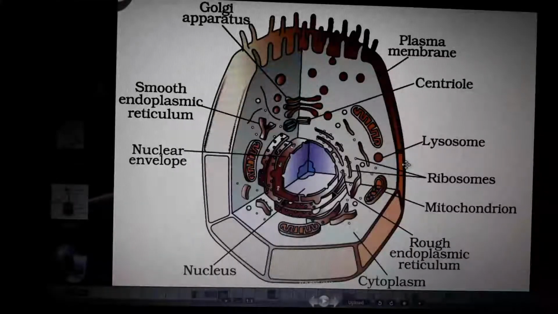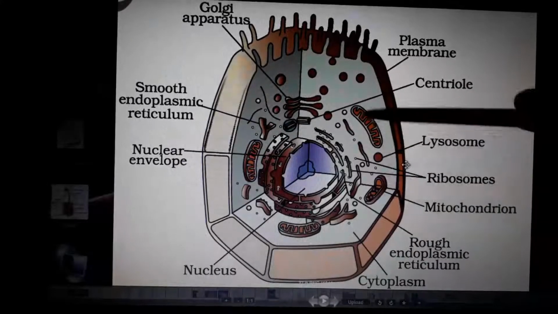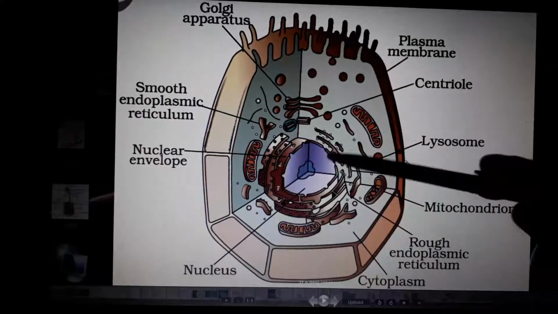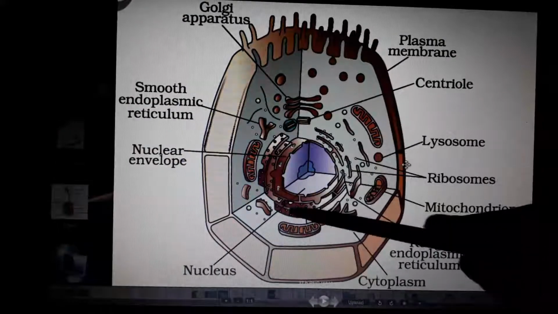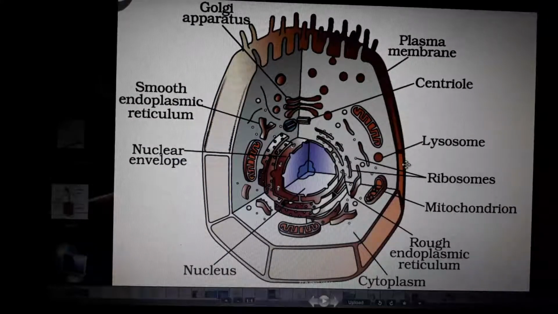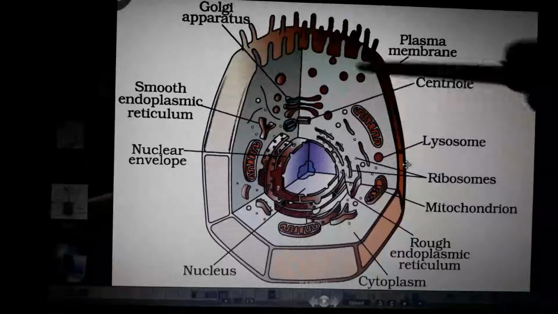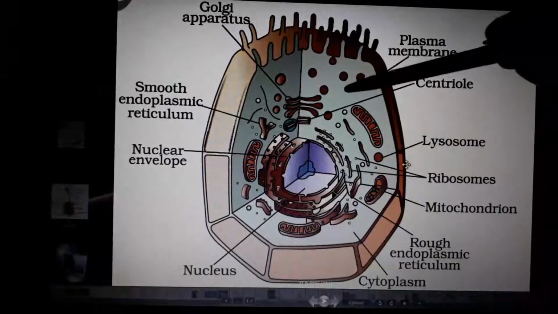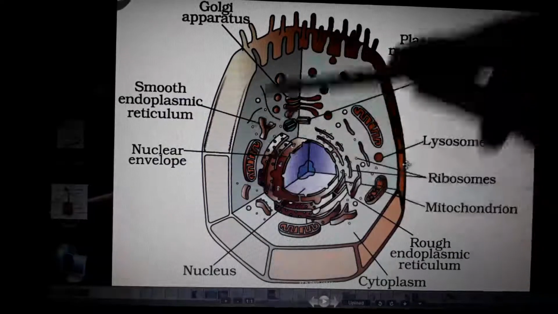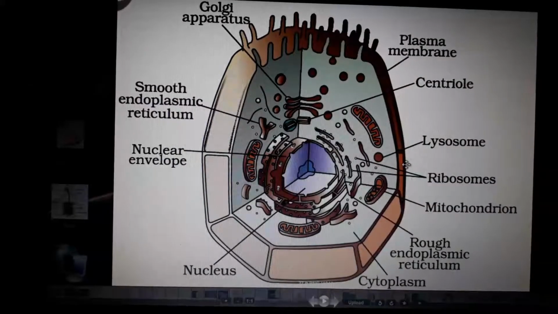You can see that in this cell there are lots of different organelles, isn't it? There is a nucleus in the center, there are endoplasmic reticulums here and there, and also see mitochondria are there, and this huge area, this darkish bluish green color, is called the cytoplasm, the fluid inside the cell.